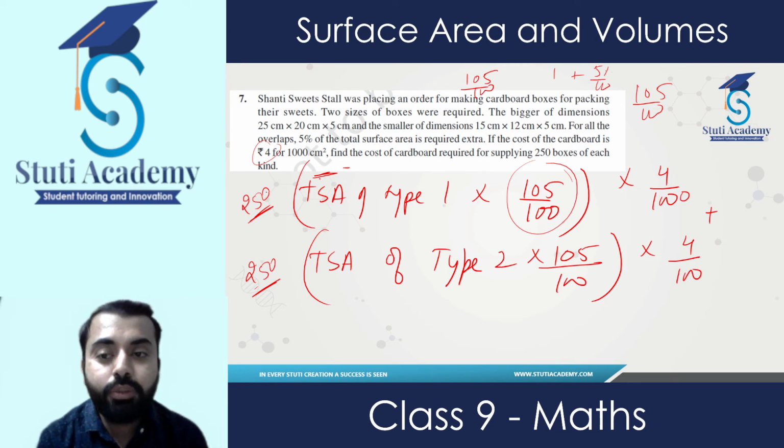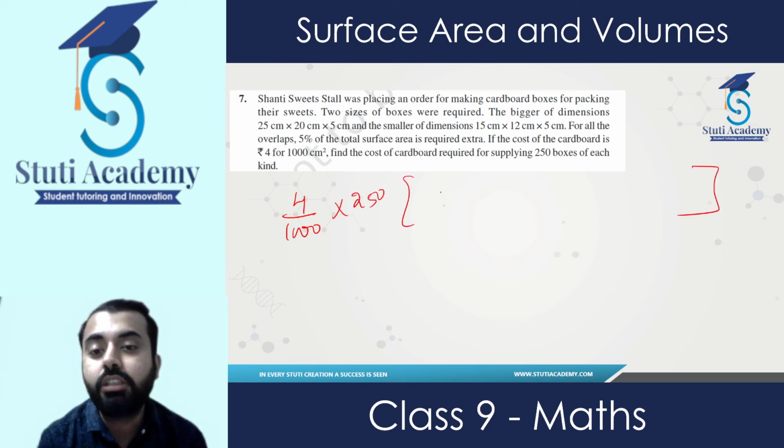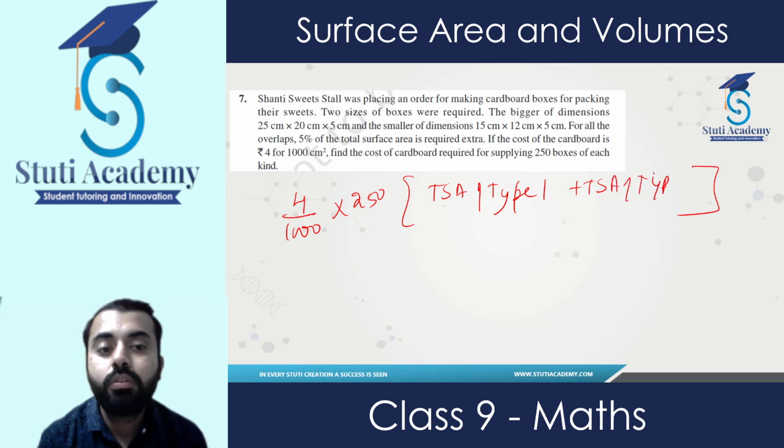So rather than doing each and everything like this, I have simply done it like this. How? Cost was 4 over 1,000 multiplied by 250 boxes of each type and their total areas, say type 1 plus say type 2, multiplying them by 105 over 100. Why is that? I have to take 105 over 100 of each and everything.